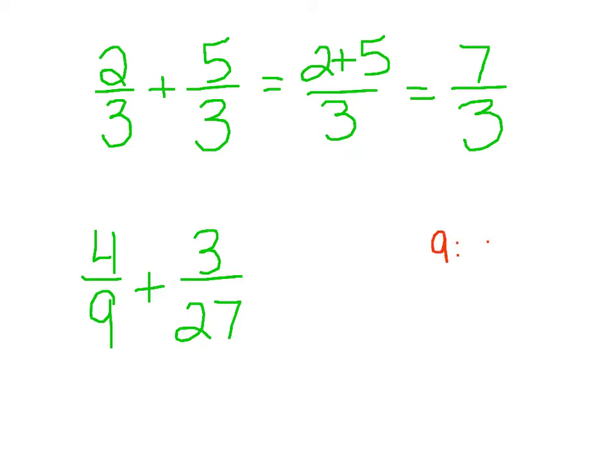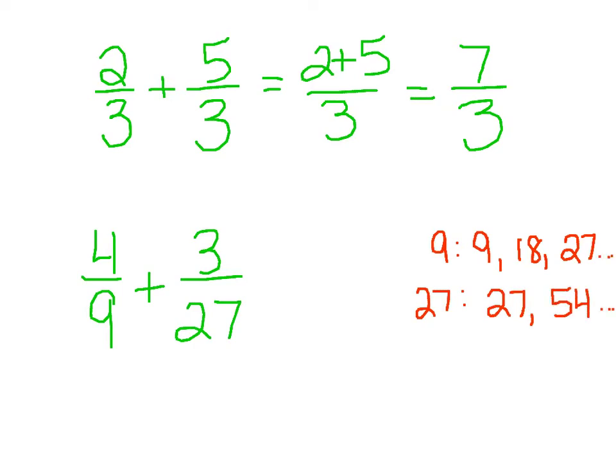So we have 9, 18, 27, and multiples of 27: 27, 54, etc. Well, you're looking for the smallest number that's common to both, and that's 27. So our new denominator is going to be 27.